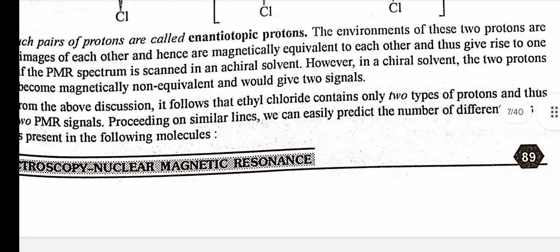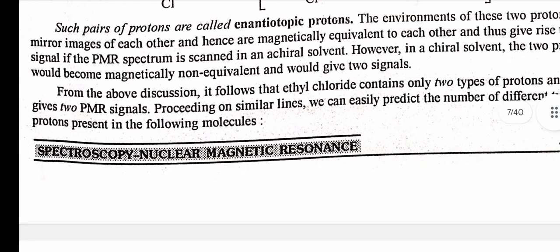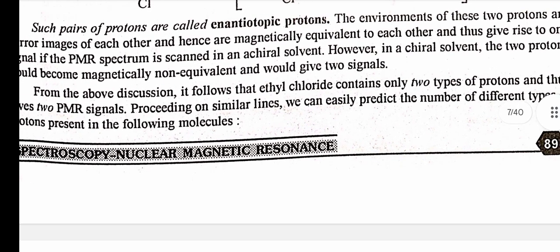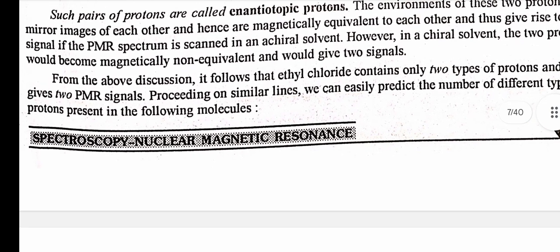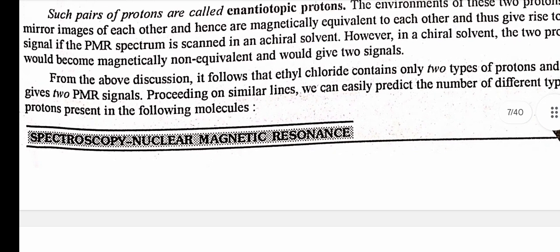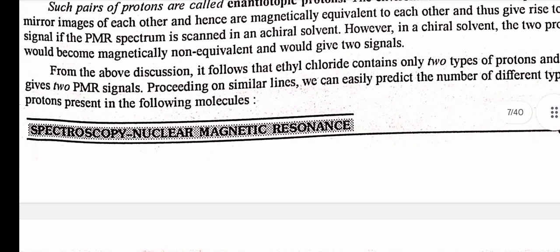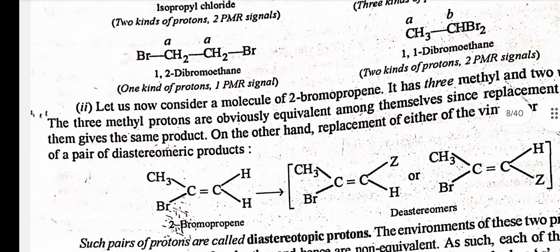However, in a chiral solvent, the two protons would become magnetically non-equivalent and would give two signals. From the above discussion, it follows that ethyl chloride contains only two types of protons and thus gives two PMR signals. Proceeding on similar lines, we can easily predict the number of different types of protons present in the following molecules.